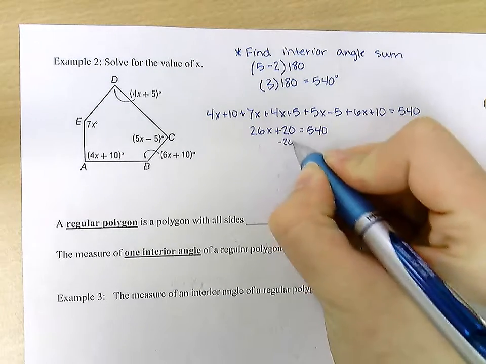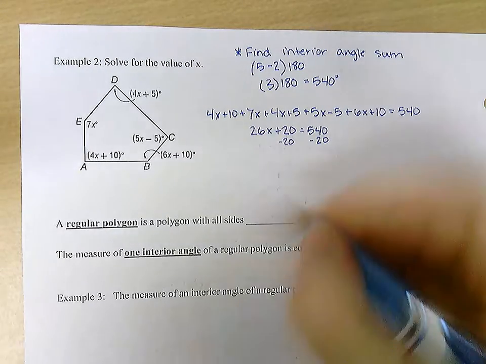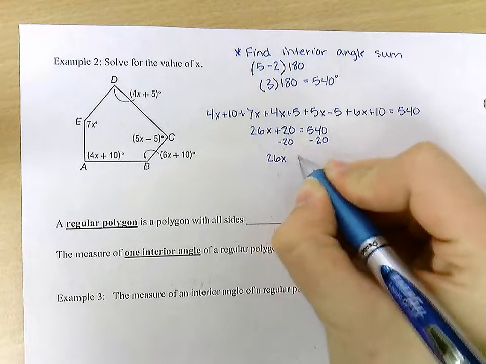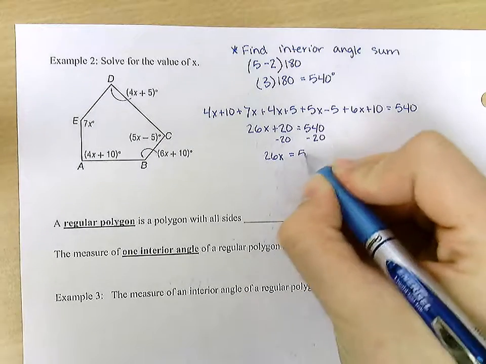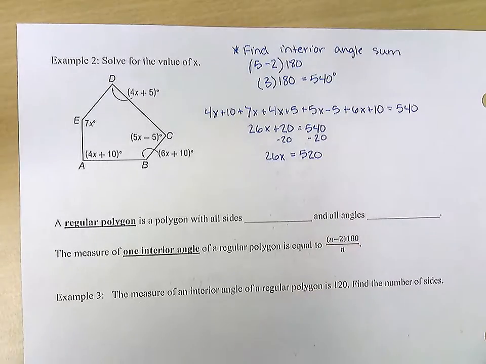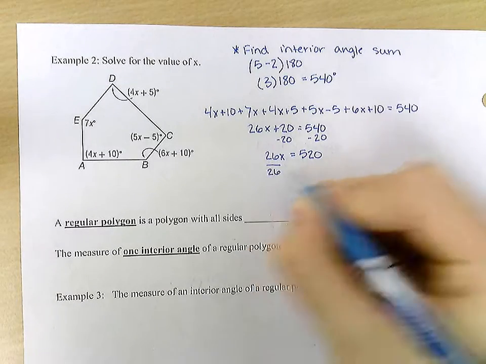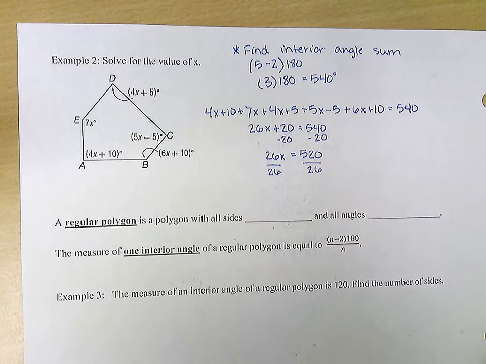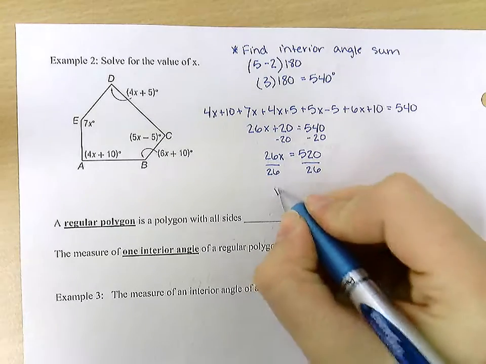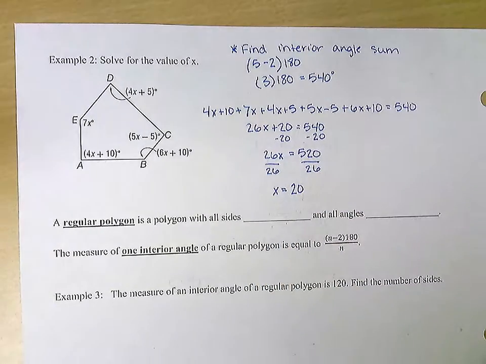Okay, at this point I'll subtract 20 from both sides of my equation. So I have 26x is equal to 520. Divide by 26. X is equal to 20.